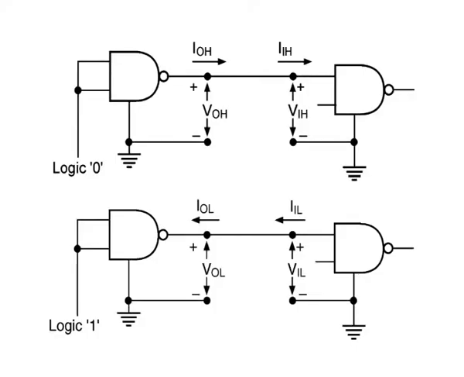Low level input current. The low level input current is the maximum current flowing into or out of the input of a logic function when the voltage applied at the input equals the maximum low level output voltage specified for the family.